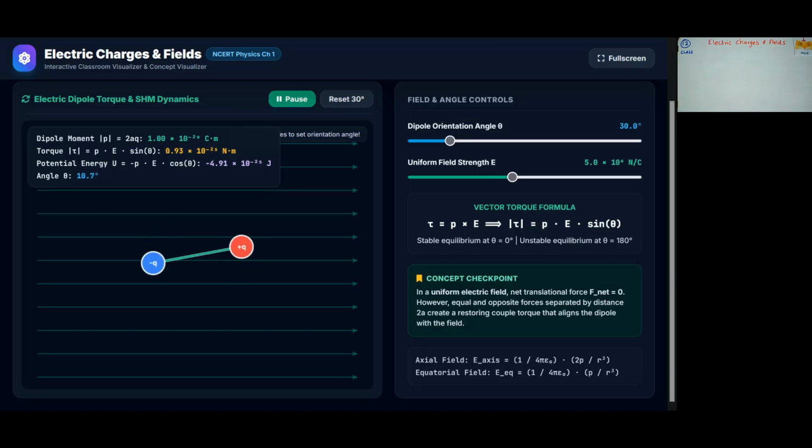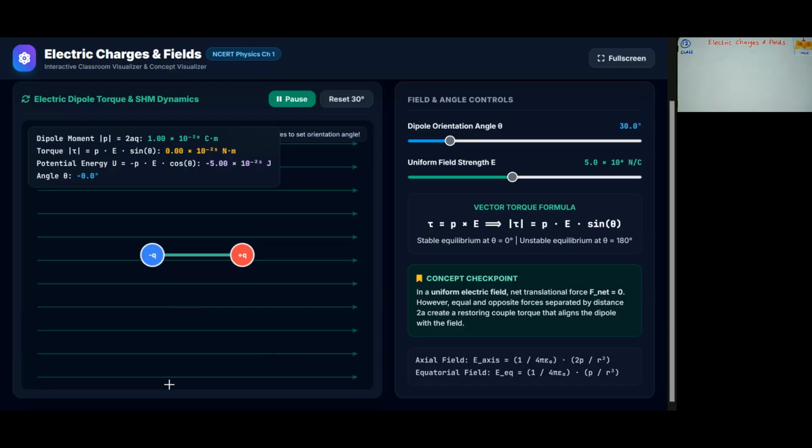You can see that the restoring torque continuously pulls the dipole back toward theta equal to 0 degrees, causing it to undergo simple harmonic angular oscillation about its stable equilibrium position. Clear that? Okay.